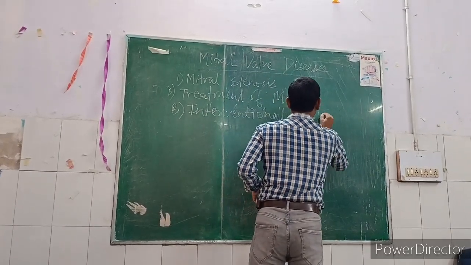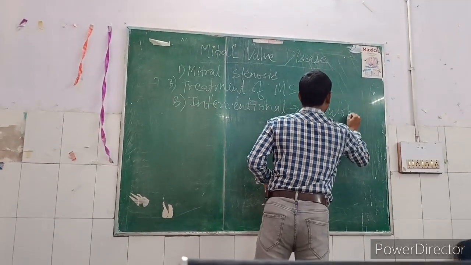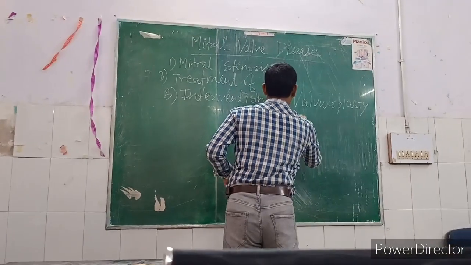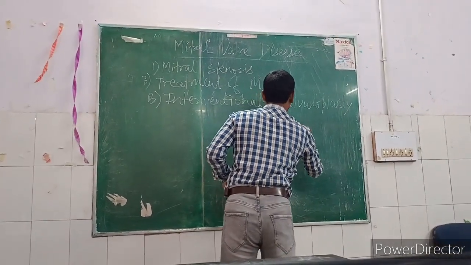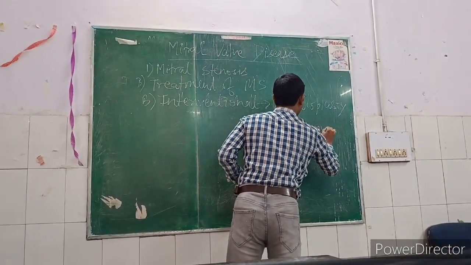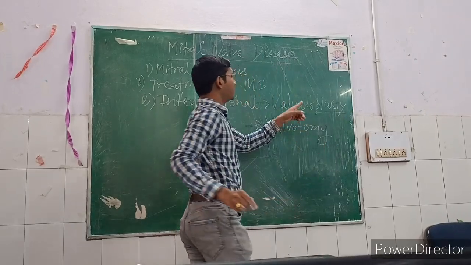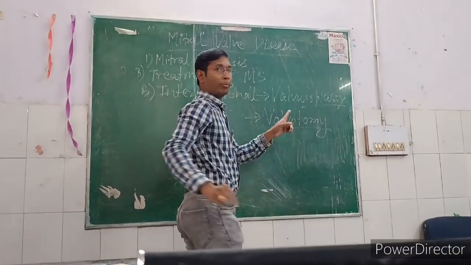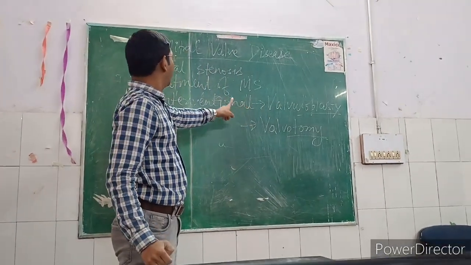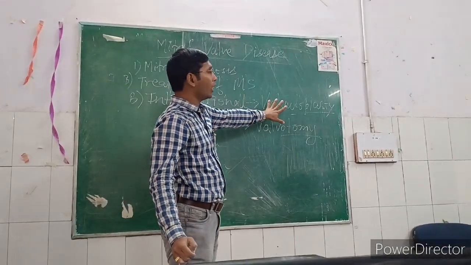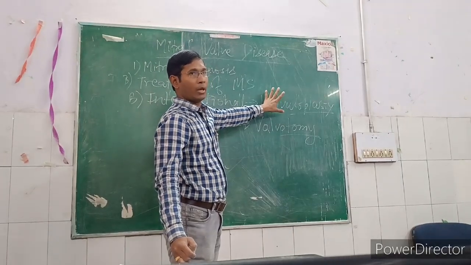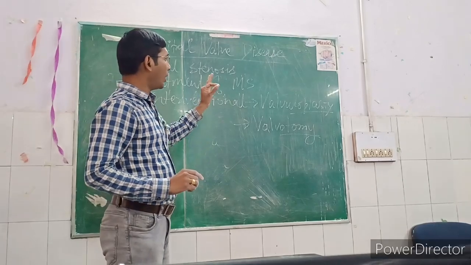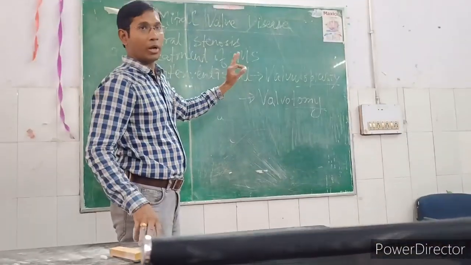One is called valvuloplasty, and another is called valvotomy. Plasty means repair, and valvotomy means replacement. The treatment of choice is still valvuloplasty. So when do we do valvuloplasty and when do we do valvotomy?